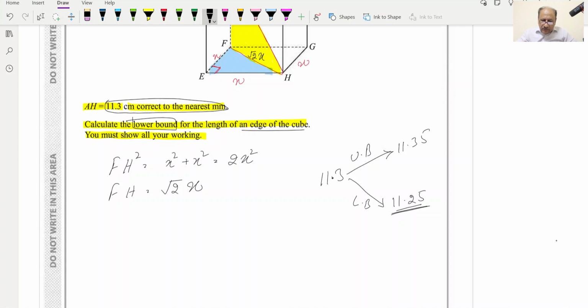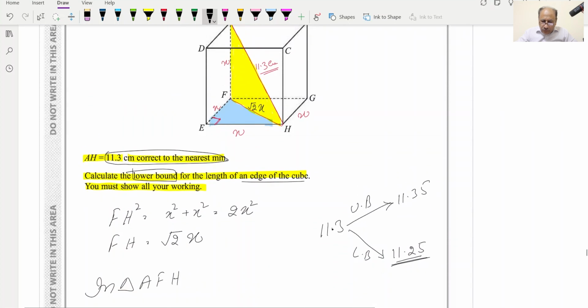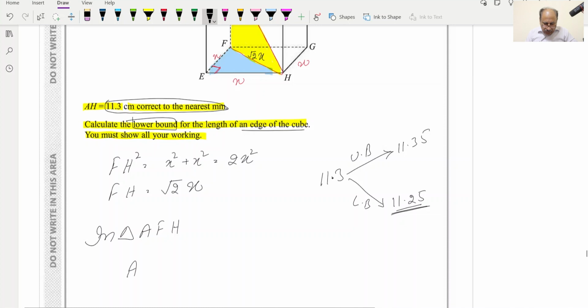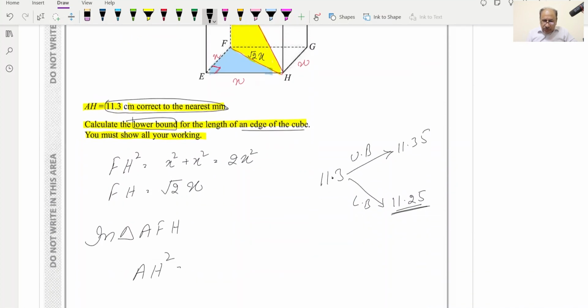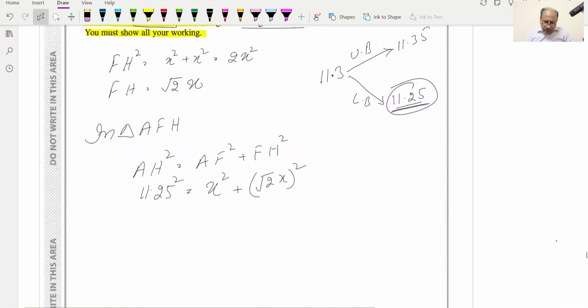So in triangle AFH, we can write AH squared, hypotenuse squared, is equal to AF squared plus FH squared, and AH is 11.25, so 11.25 squared is equal to x squared plus under root of 2x squared, and we can rewrite it as 11.25 squared is equal to x squared plus 2x squared, which is equal to 3x squared.